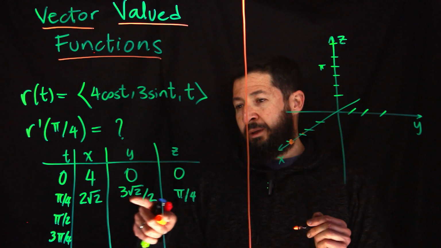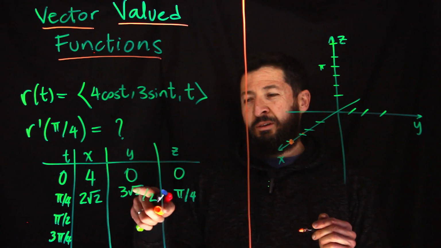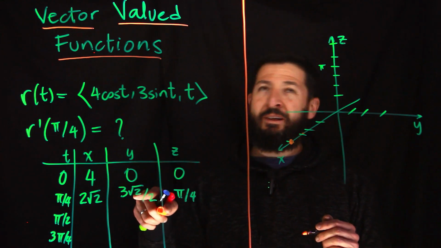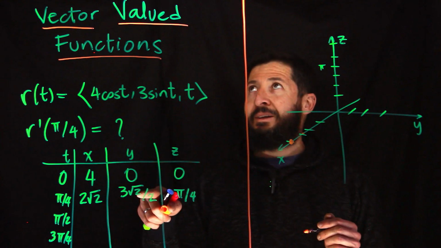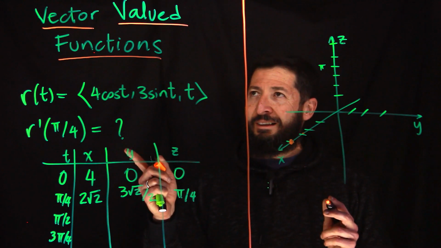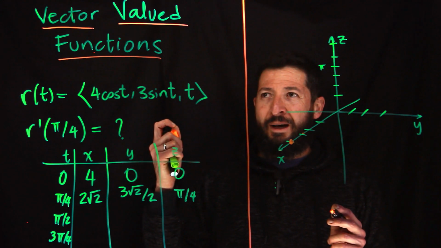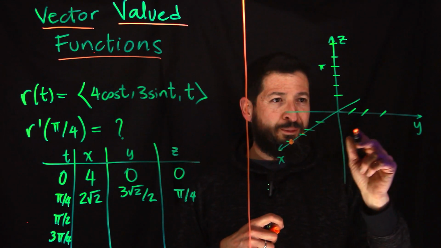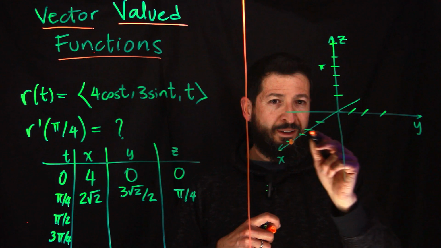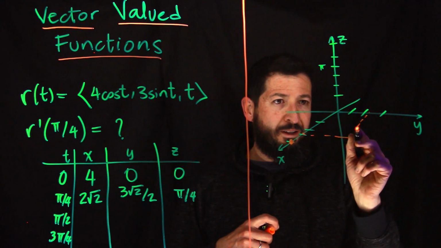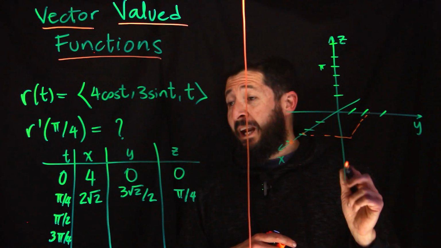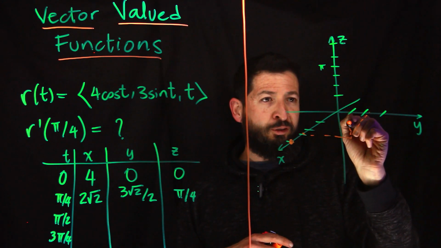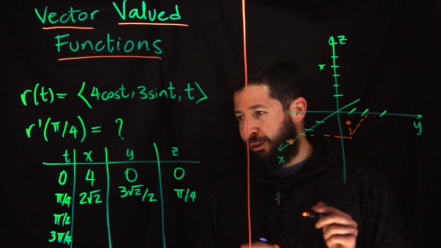And I'm going to go 3 square root of 2 over 2, which is, let's say, 3 over 2 is 1.5, and times 1.4, that's going to be 2.1 roughly, something like that. So I'm going to go this way and this way. So I'm going to be somewhere here. Drawn to scale, not. And I'm going to be going up pi over 4, which is what I grabbed this quantity to be. So I'm going to be somewhere out here. All right, so that's my second point.